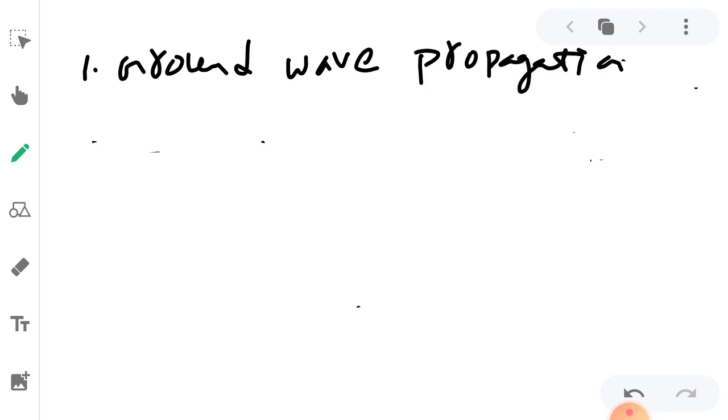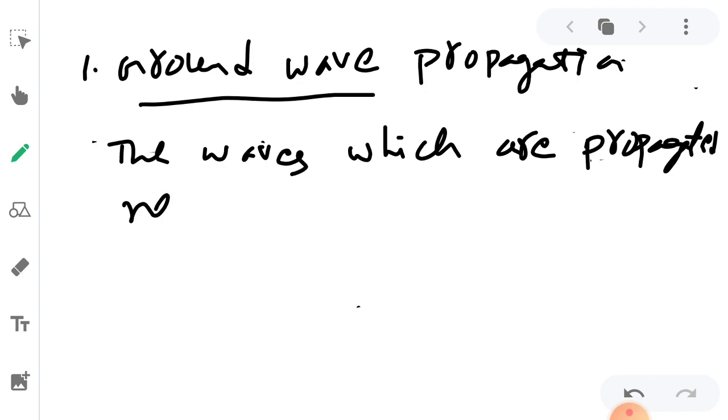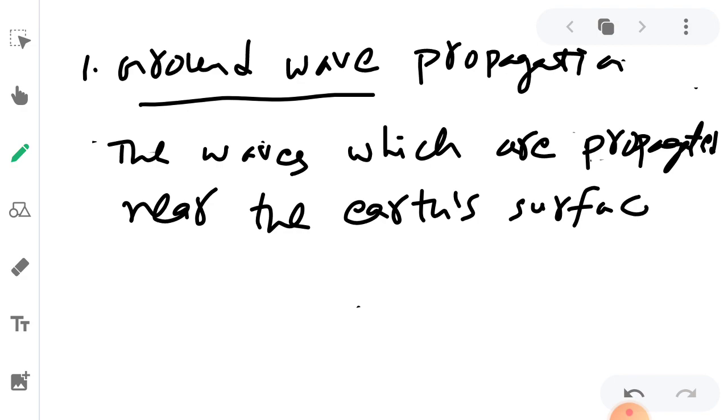Ground waves are the waves which propagate near the earth's surface. That's why these waves are called ground waves.